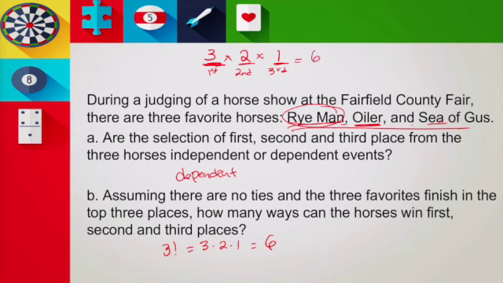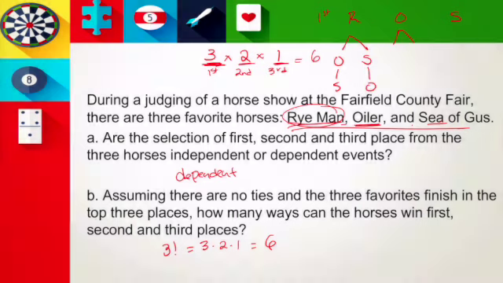You could also do a tree diagram again, right? So my first place options are Riemann, Euler, and C of Gus. If I pick Riemann for first, then I can have Euler or C of Gus for second, and then there's only 1 option for third.